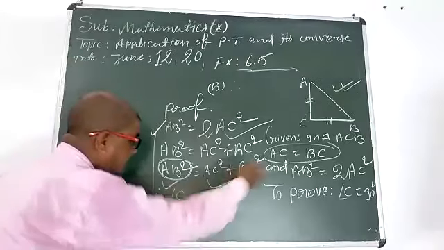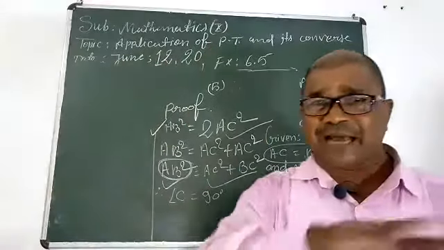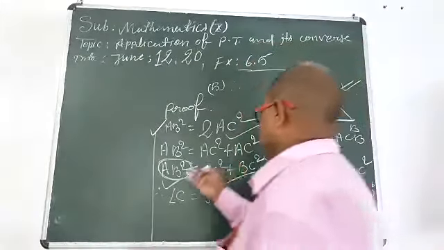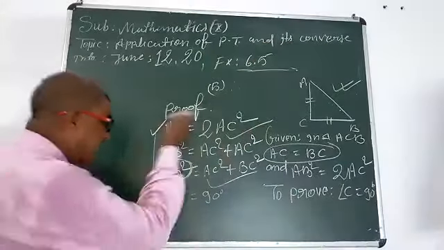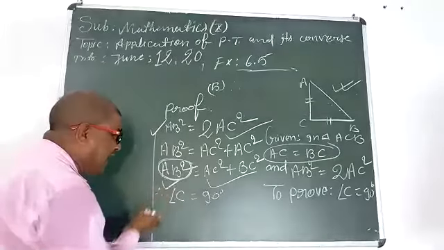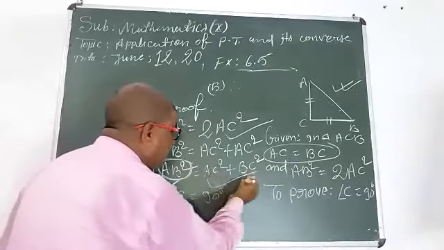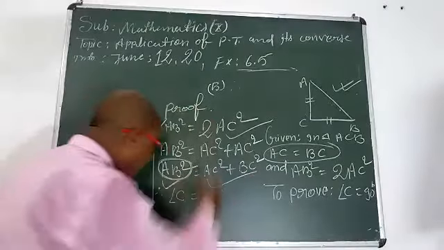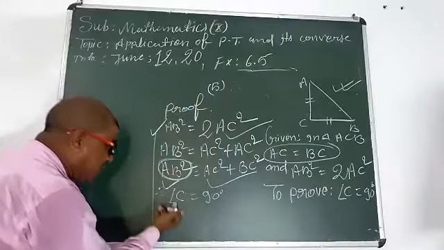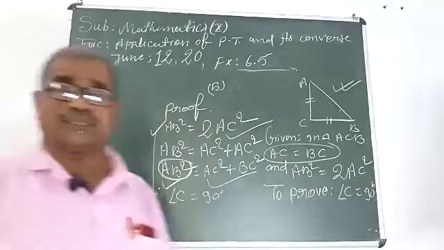After writing the statement of the converse of Pythagoras, we can write the answer directly, because we are seeing here that the square of one side equals the sum of the squares of the other two sides. So the angle opposite the longest side is 90 degrees. Proof.